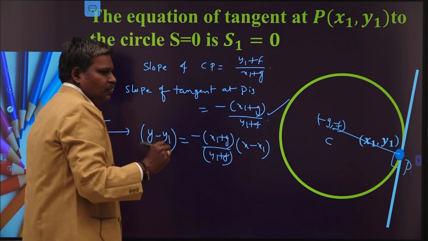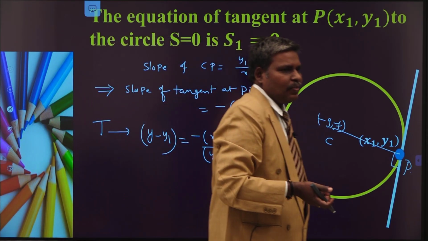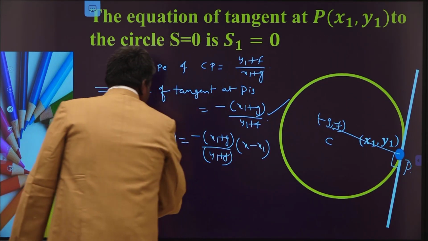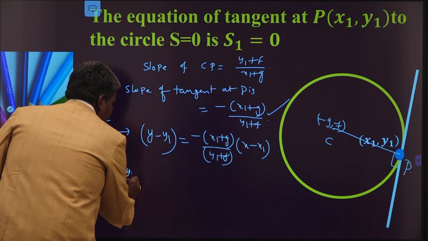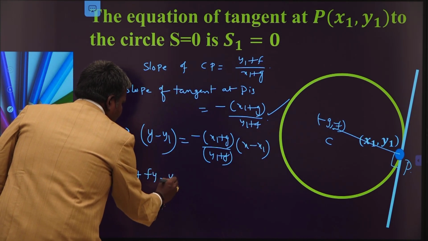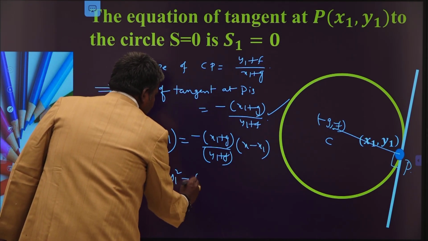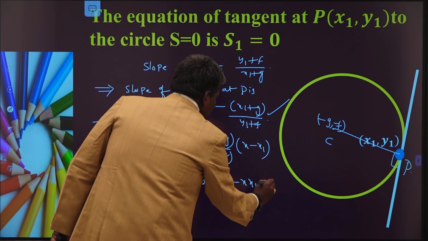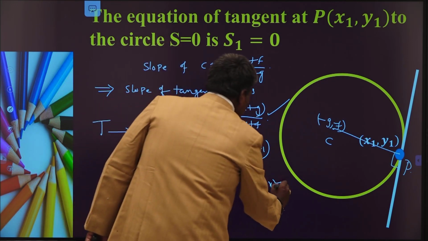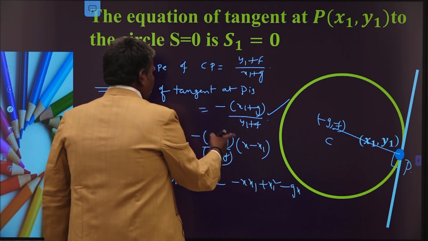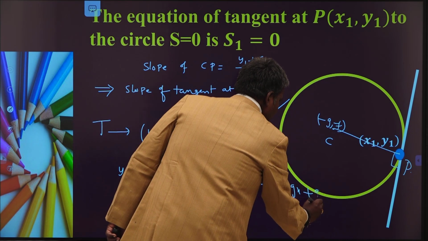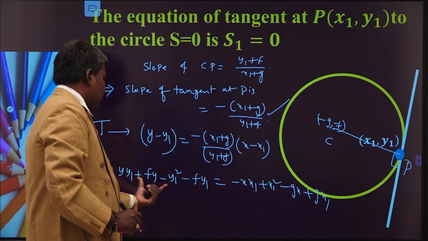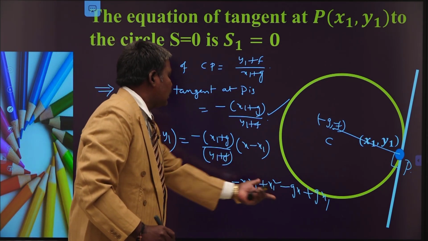By simplifying this equation itself, you can convert it into the form of S1 is equal to 0. It is very simple for you. y times y1 plus fy minus y1 square minus fy1 is equal to minus xx1 plus x1 square minus g, and what you have, plus gx1. Take the negative terms to the left side and take the negative terms of this side to the right side.